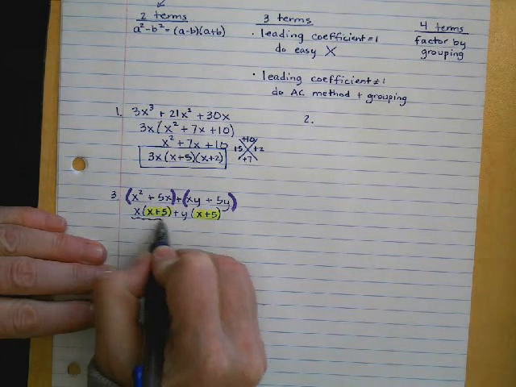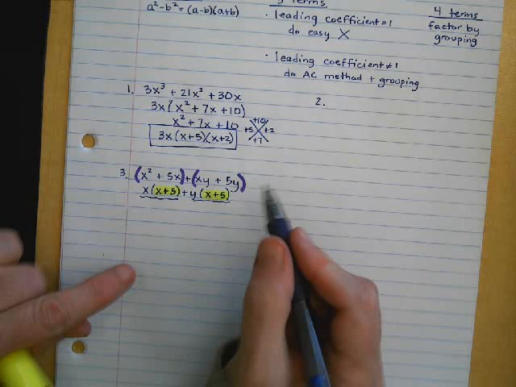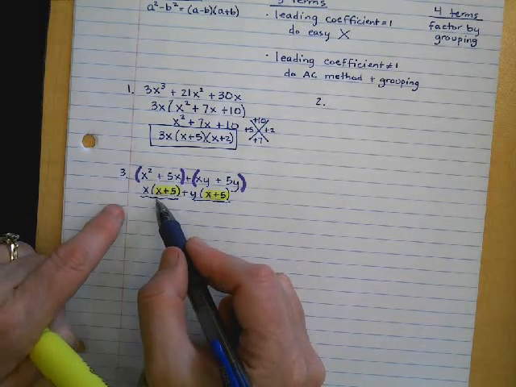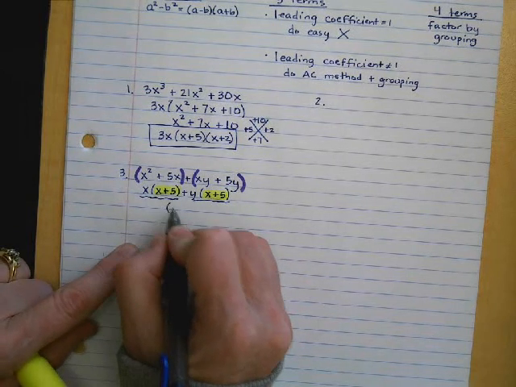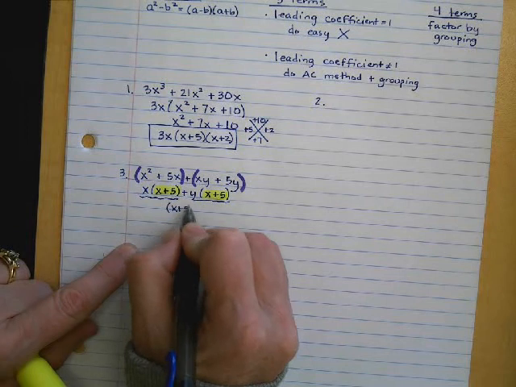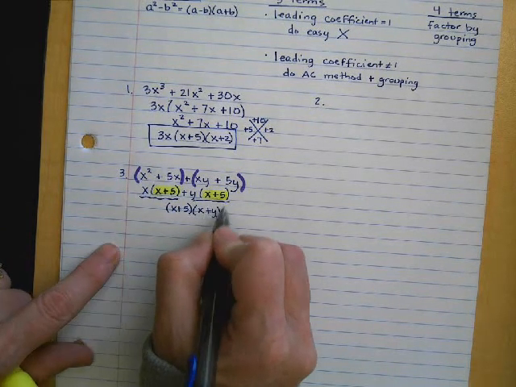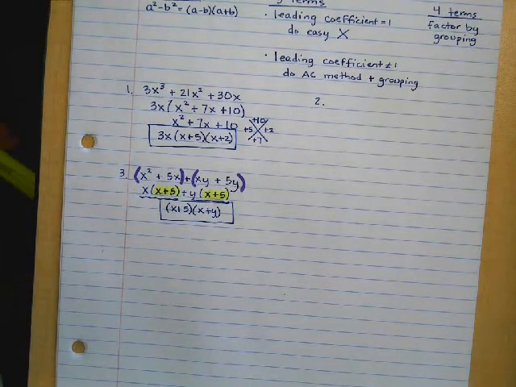So there's this term right here, and this term right here, and both of those terms have an x plus 5 in it. So I'm going to factor it to the front, just like I factored this x to the front here. So I have x plus 5, and then what I have left is x plus y. Okay, so we've been doing factor by grouping, but we haven't seen one of those lately.